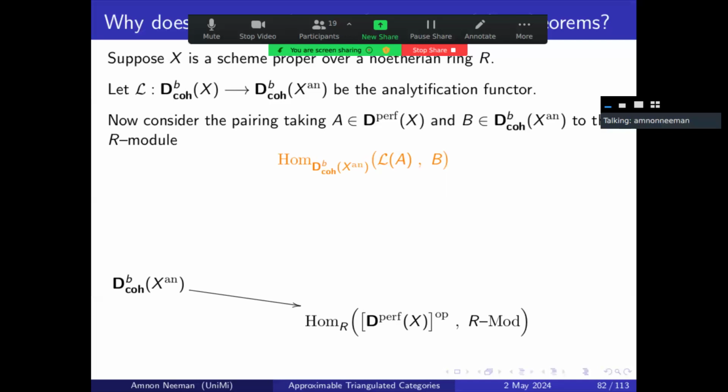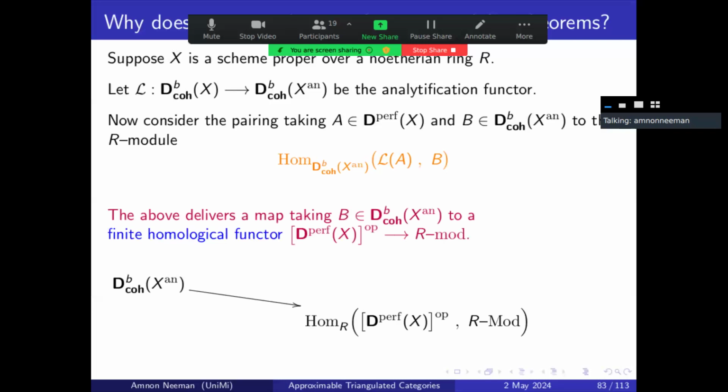But it's a theorem in complex analysis, and even an easy theorem, that this is a finite homological functor. But the finite homological functors are exactly the image of the functor y composed with I. The functor y composed with I is fully faithful, and the essential image are the finite homological functors.